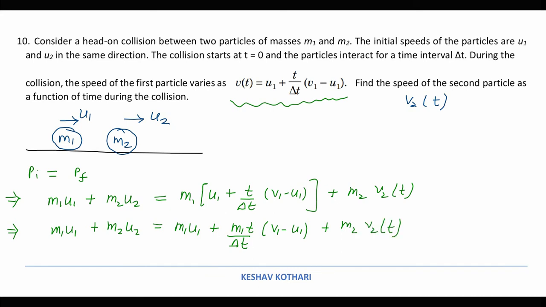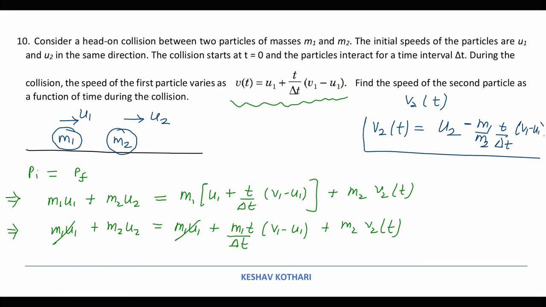From here we can clear this out, and on solving and rearranging the terms, we obtain the velocity of 2 as a function of time equal to u2 minus m1 by m2 times t by delta t times v1 minus u1. So we obtain an expression like this for the velocity of the second particle as a function of time.